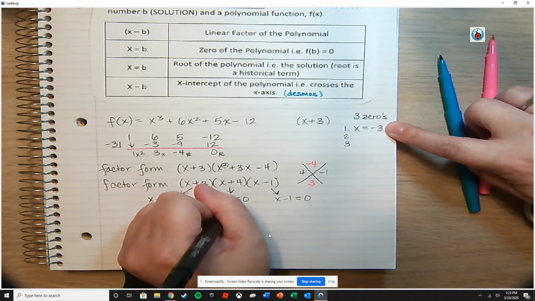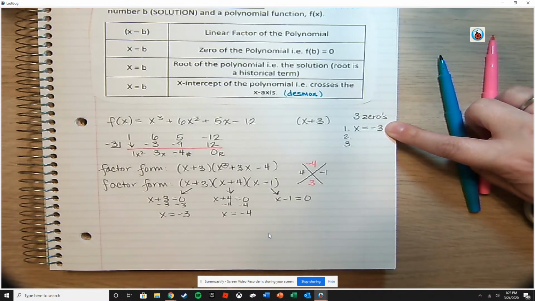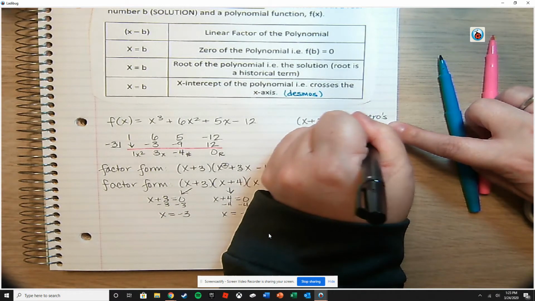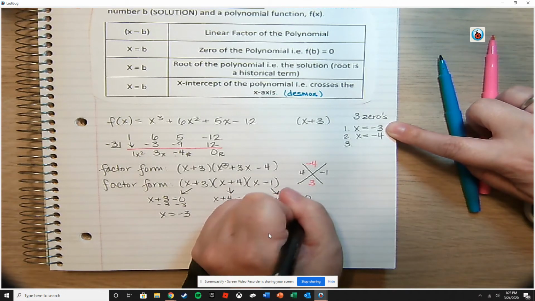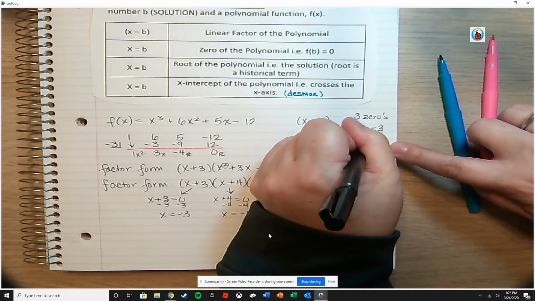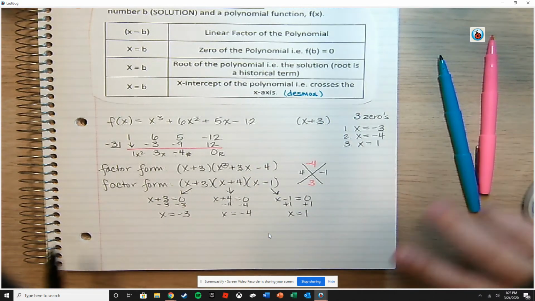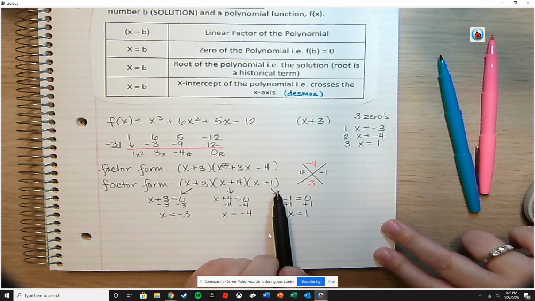If I subtract 4, I get x equals negative 4. There's my second answer. And if I add 1, there's my third answer. If you notice, that's just the opposite of what I have in parentheses.